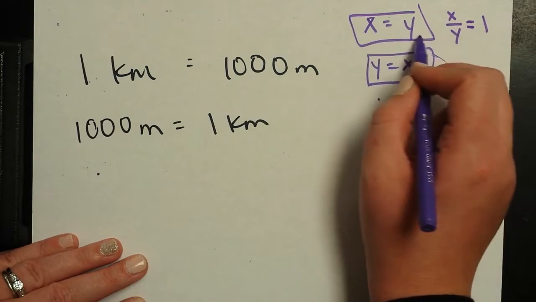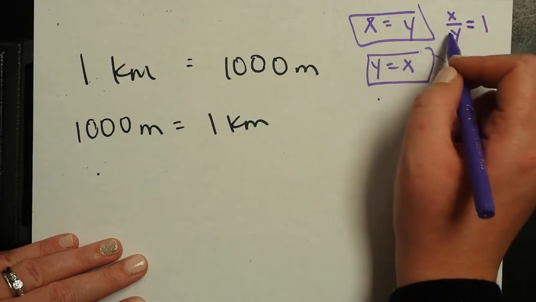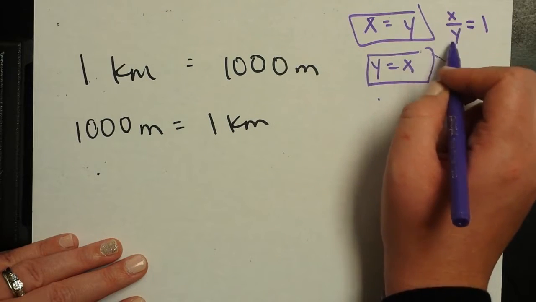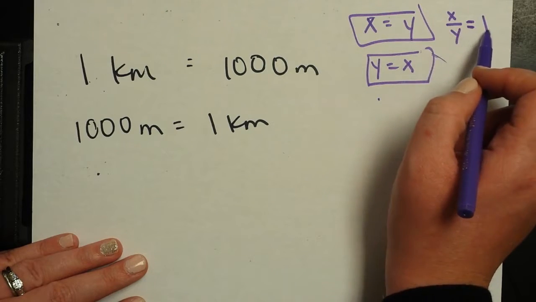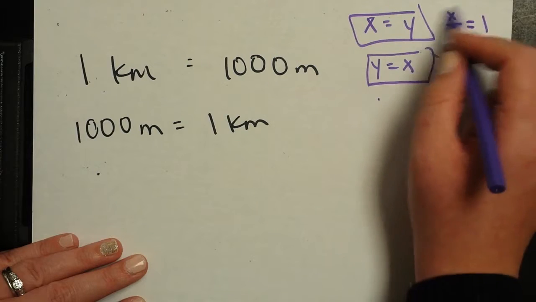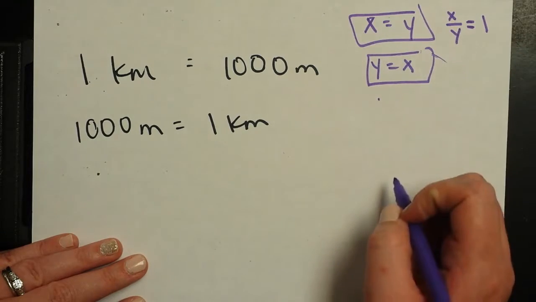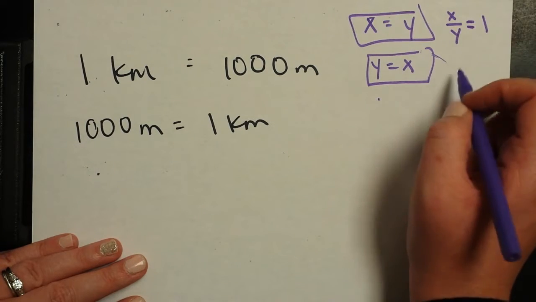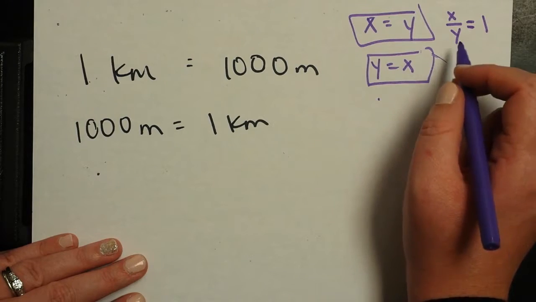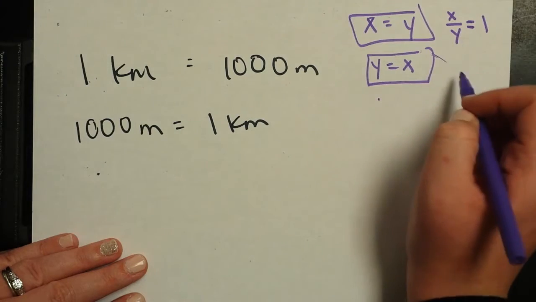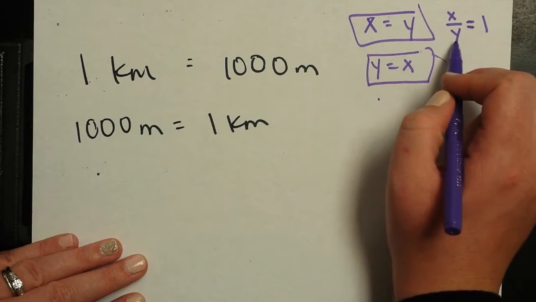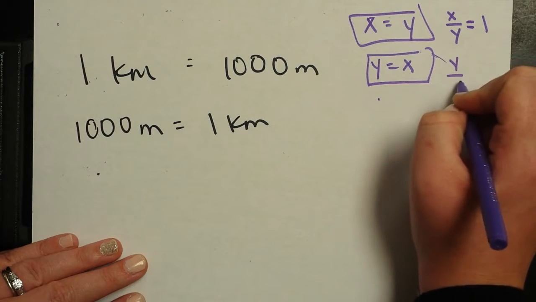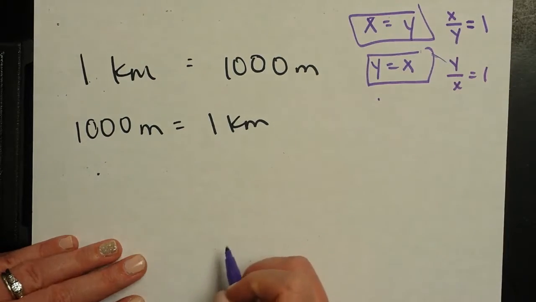So any two terms that are equivalent, if you set them up in this kind of fraction type ratio, you'll always get 1. And this is where the big usefulness of conversion factors in chemistry and using dimensional analysis rocks. Okay. But anyways, if x over y is 1, then y over x should also be 1.